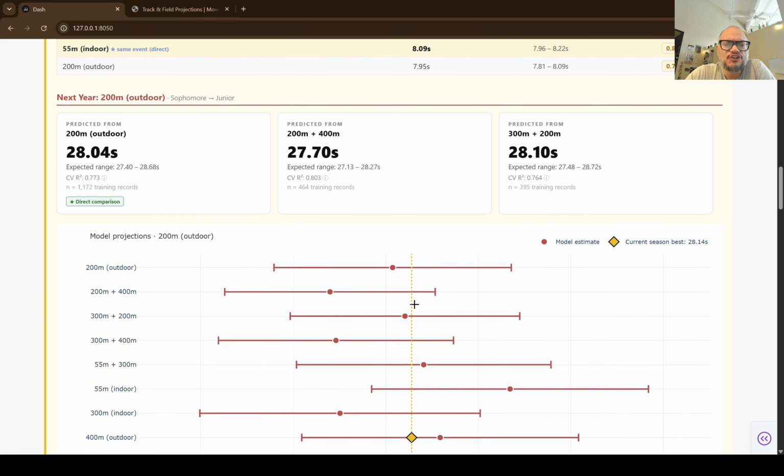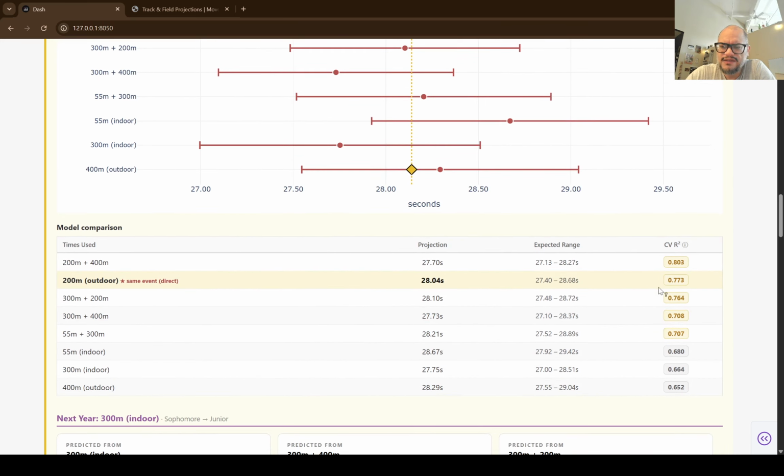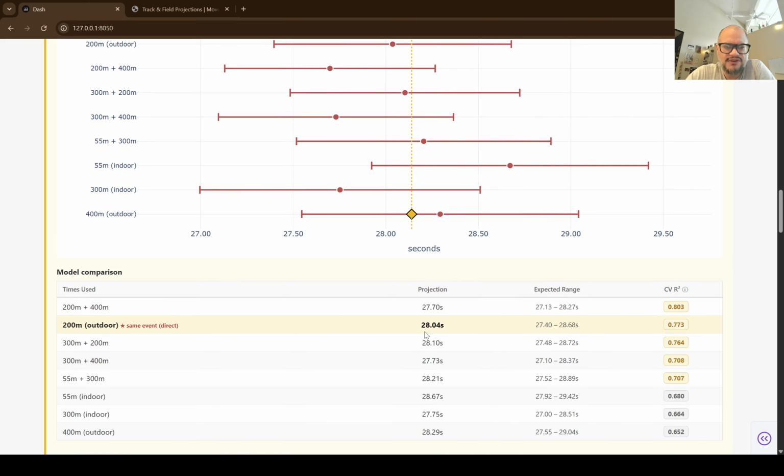And then moving on to the 200 meters, we have a lot of different variables that we can look at. And basically what stands out, and we can look at the table down here also, is that probably the top two or three are generally what I look at based on how well the projections fit the historical data.